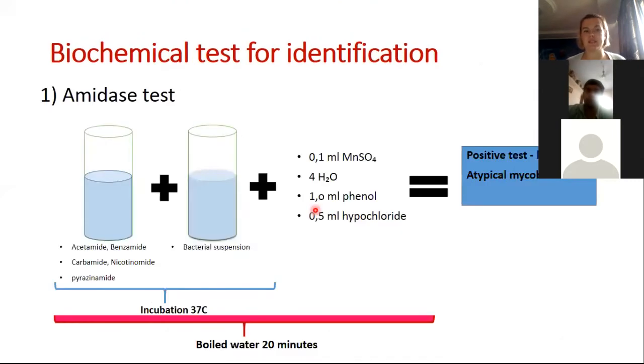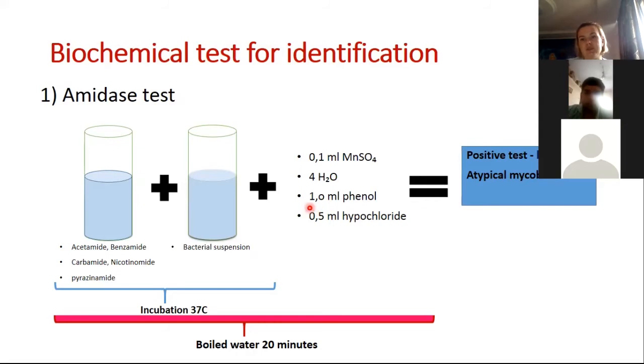Next, amidase test. You prepare 2 tubes: the first tube with the bacterial suspension, the second tube with acetamide, benzamide, carbamide, nicotinamide, and pyrazinamide. Incubate at 37 degrees. After that, add the next components: magnesium SO4, 2 parts of water, 1 milliliter of phenol, and half milliliter of hypochlorite, and boil it for 20 minutes.